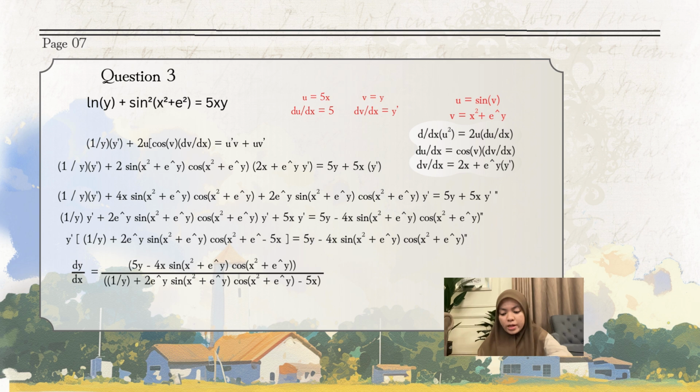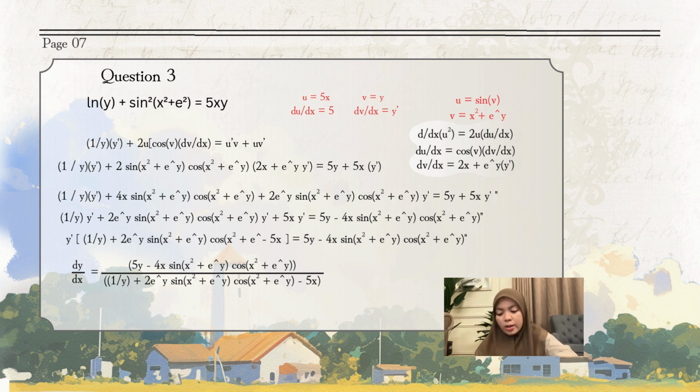Now I apply the product rule, d over dx of bracket u multiplied by v equal to u prime v plus uv prime, which becomes 5y plus 5x y prime.